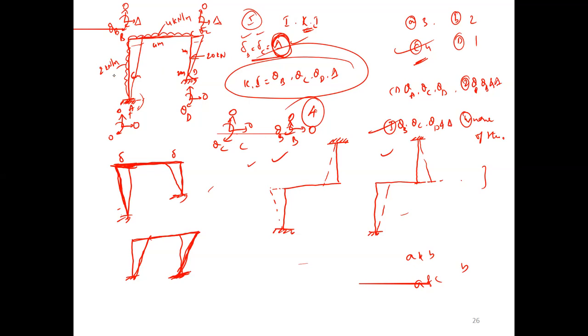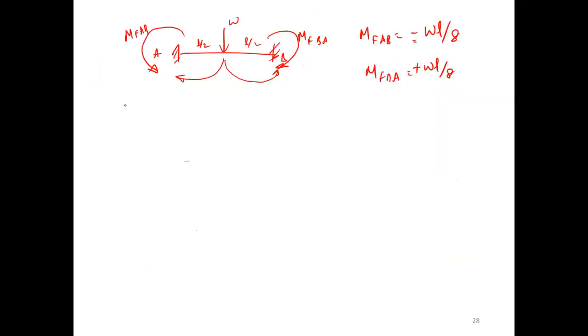That is the question. Next, third step: you are getting the slope deflection equation. Don't miss the classes, because these concepts are very, very important. This one, next moment distribution method, and also influence line. Very, very important.